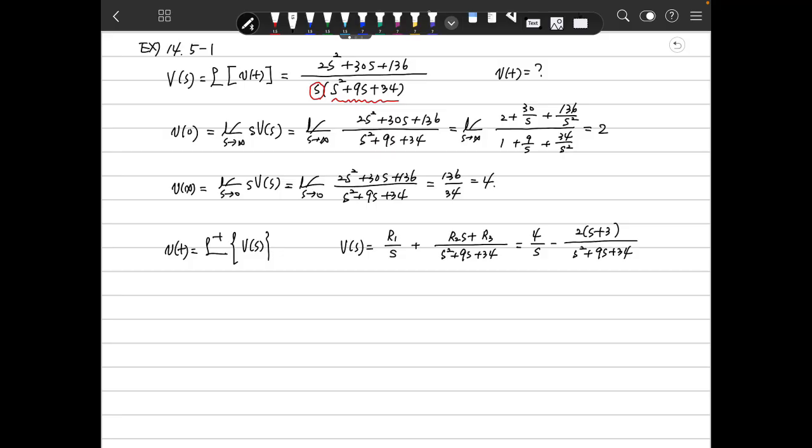Therefore, it can be rewritten as 4 over s minus (2s plus 3) over ((s plus 3) squared plus 25).